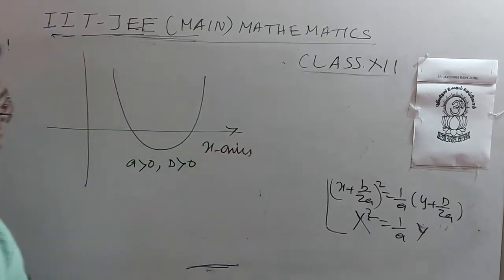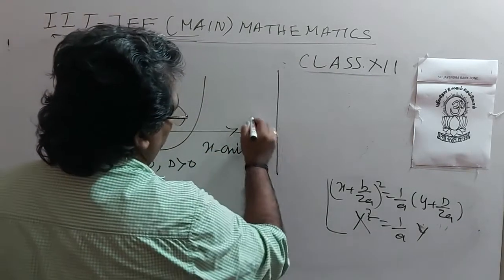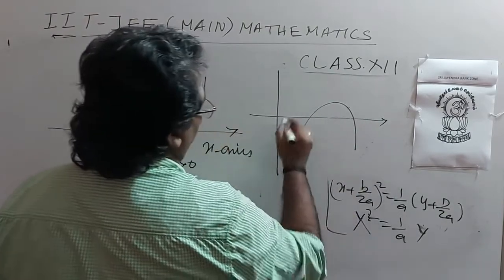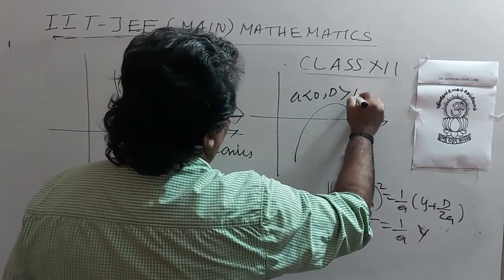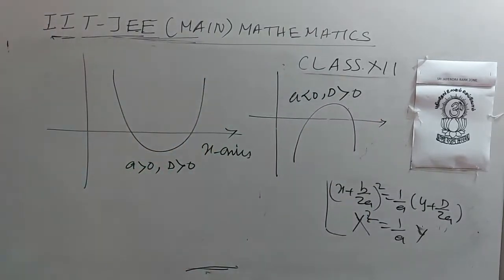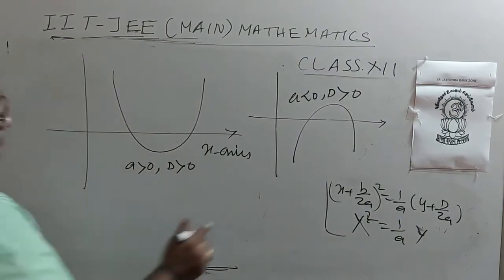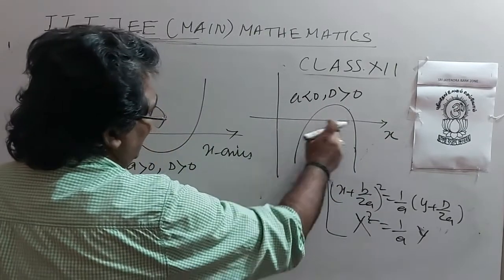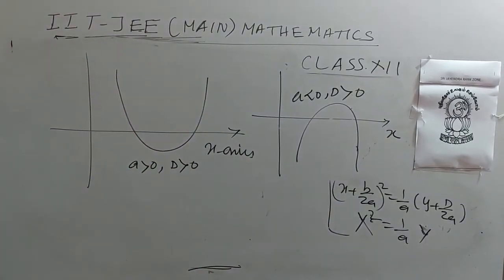That is x-axis. A negative, d positive: open downward, it intersects at two distinct and real points.